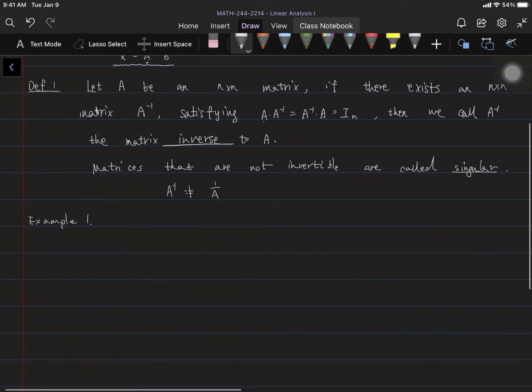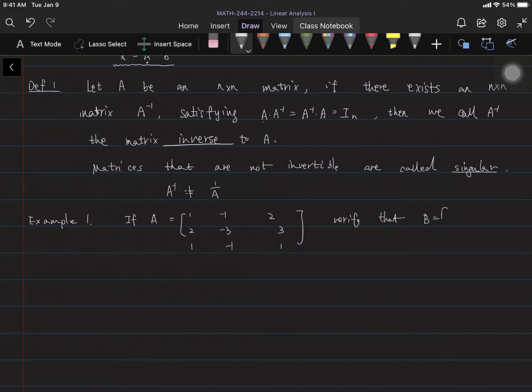Okay, so let's see. If A equals this one, 1, -1, 2, 2, -3, 3, 1, -1, 1, verify that another matrix B, 0, -1, 3, is the inverse of A. Let's take a look.